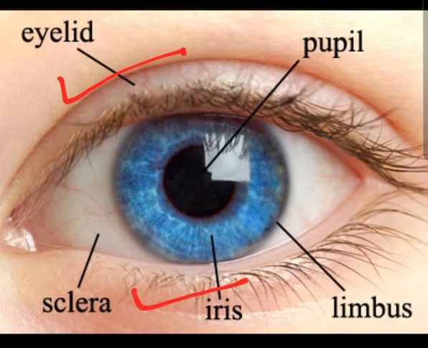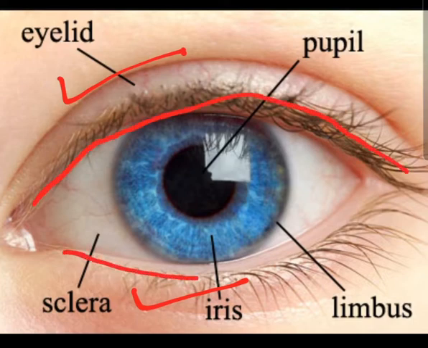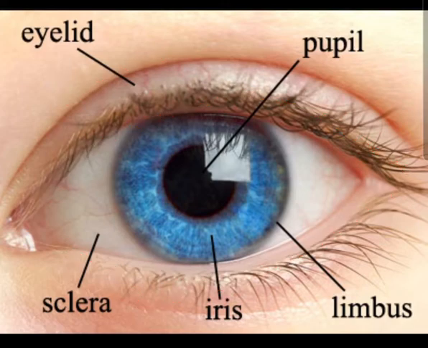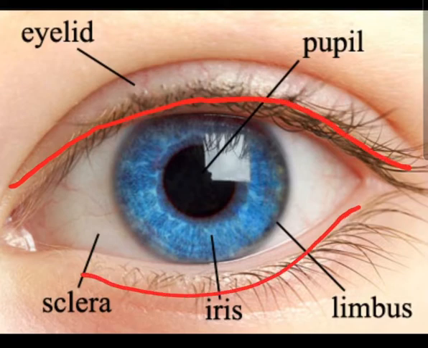They both are protective in function. They protect our eyes from sharp objects and from bright light. On the outer side of each eyelid, another structure is present, and these are called eyelashes. Eyelashes also prevent the entry of large particles into our eyes.